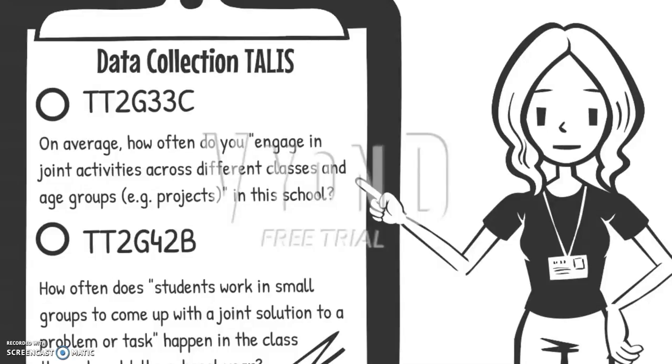Question 42 asks, how often does each of the following happen in this class throughout the school year? B specifically asks about students working in small groups to come up with a joint solution to a problem or task. The teacher answer options here are never or almost never, occasionally, frequently, or in all or nearly all lessons.